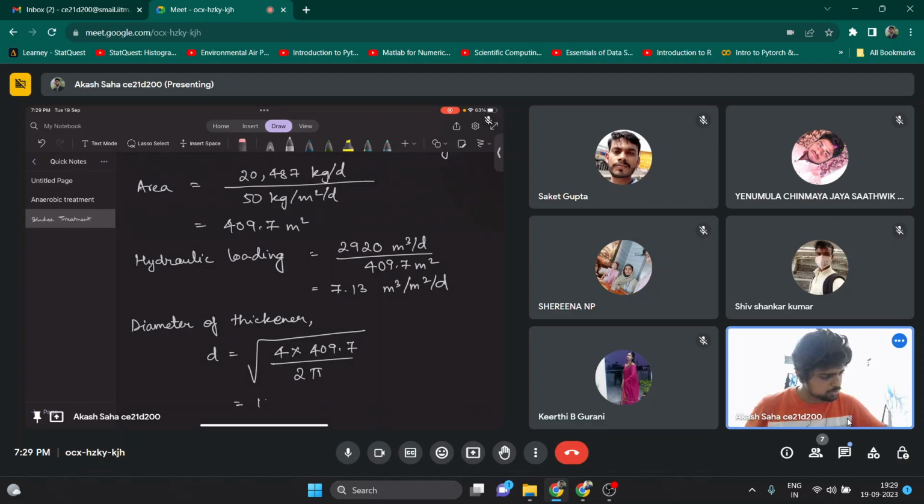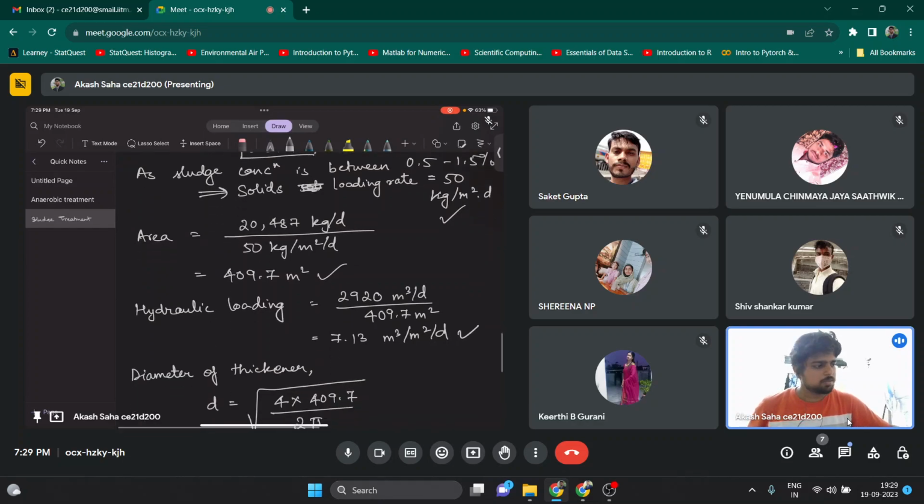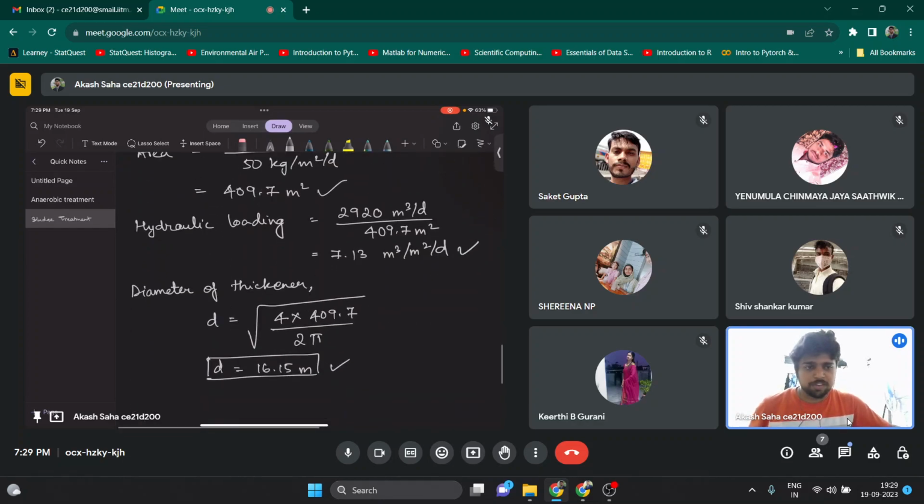So it will be around 16.15. So in that way, we found out the diameter, the hydraulic loading, the area and the solid loading rate. These were all the design parameters that we should know for the design of a gravity thickener.